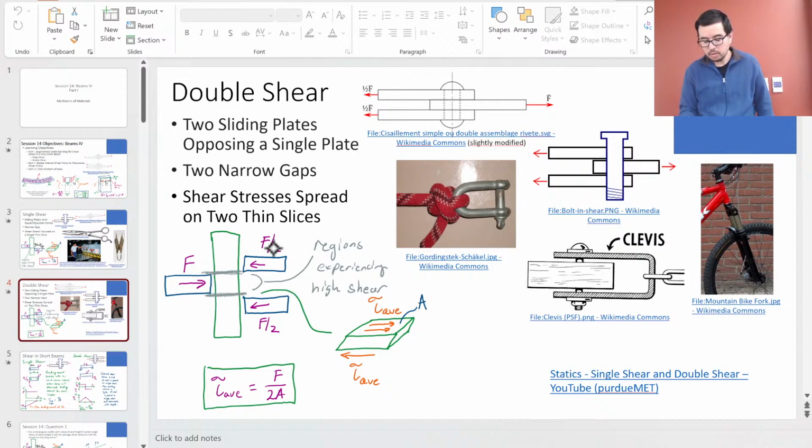If I just look at what's happening on the right side, I've got some shear stress being induced. I've got some force, F over 2, acting over this area, and that's got a shear stress here and another shear stress on this opposite side. And the force is F over 2, and the area is A. So this should be F over 2A.